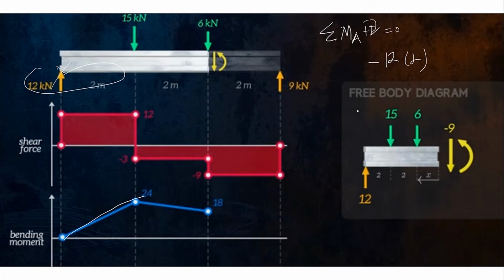12 times 2, that's how we got this. Up to that point it is 24, before the major. Then this one, how much is this? Plus negative 15 times, how much is this?